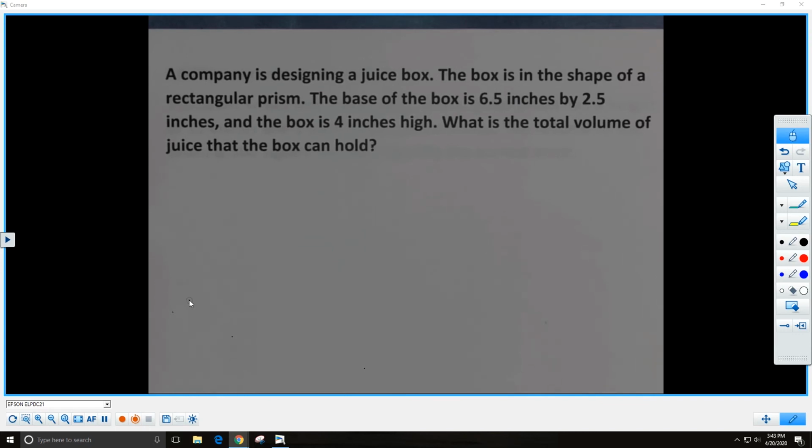So I want you to go ahead and reread the problem. I'm going to let you work on this problem for somewhere around a minute or two to get as far as you can in the solving process, and then I will come back and see how you did.